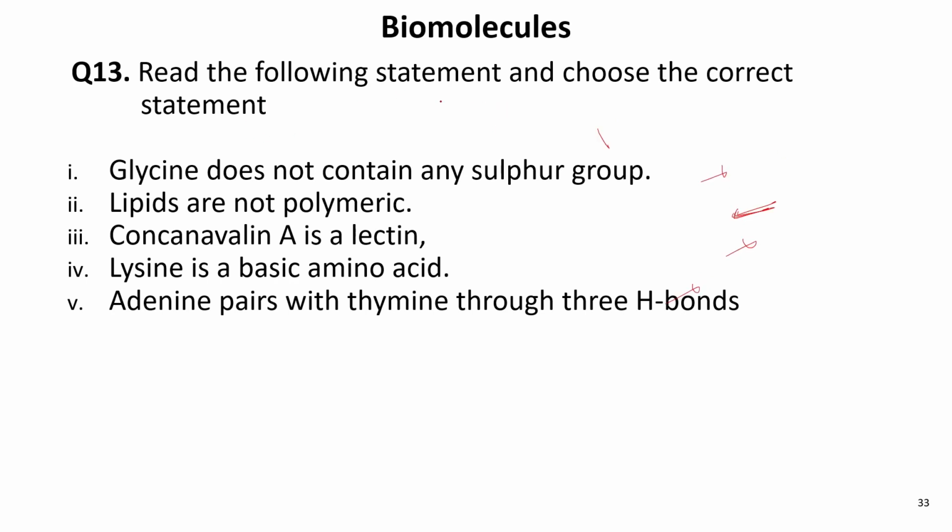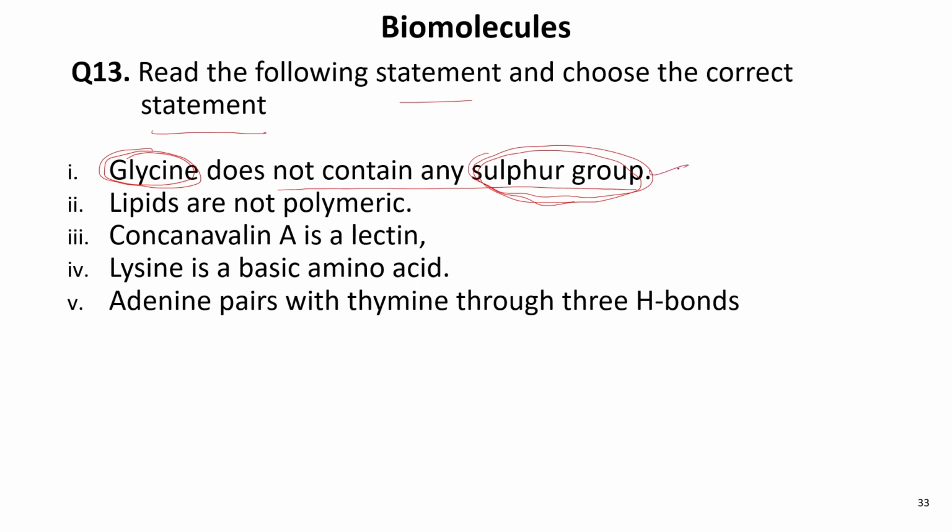Read the following statements and choose the correct option. Glycine does not contain any sulfur group. Glycine is the simplest amino acid. Cysteine is a sulfur containing amino acid, so it is not glycine.